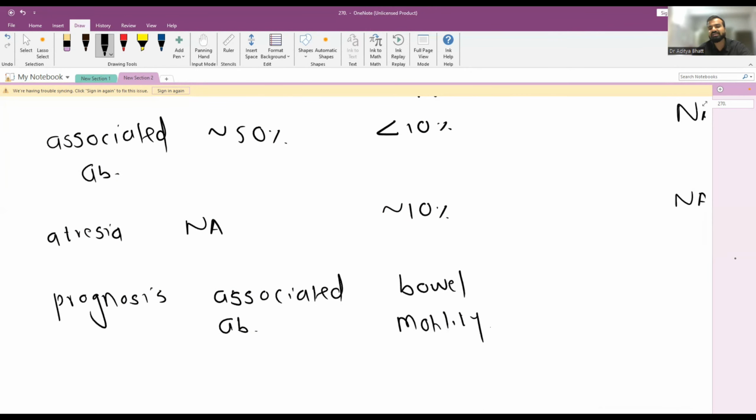If the covering is not there, bowel motility will be decreased. But in gastroschisis, invariably there is no covering, which is why bowel motility is always impaired. And in umbilical hernia, bowel motility is absolutely normal.